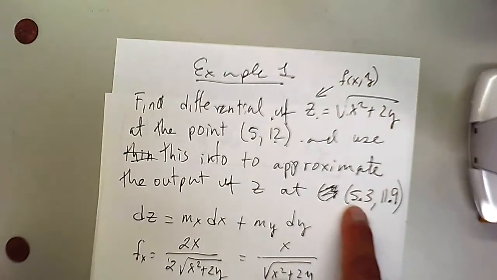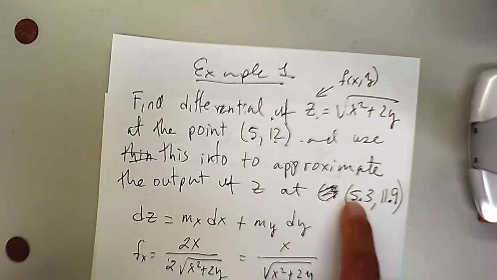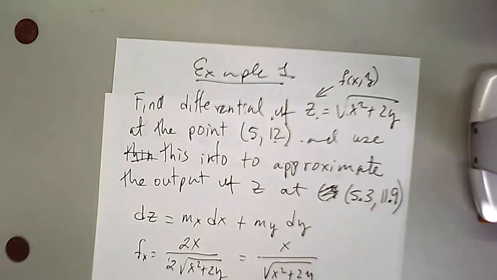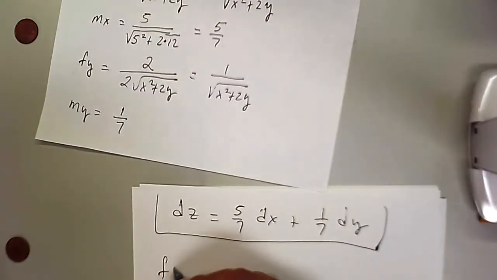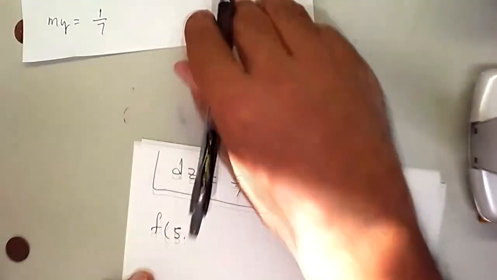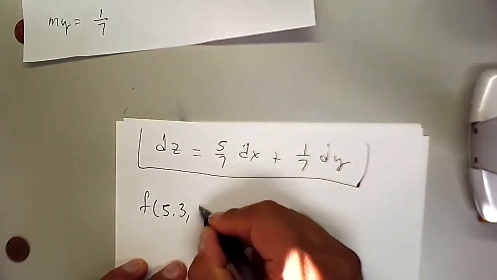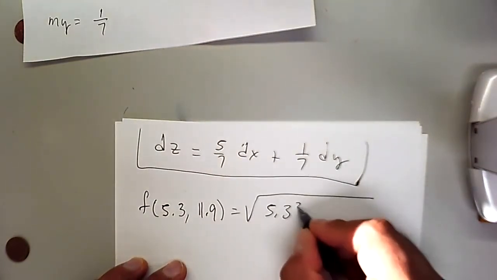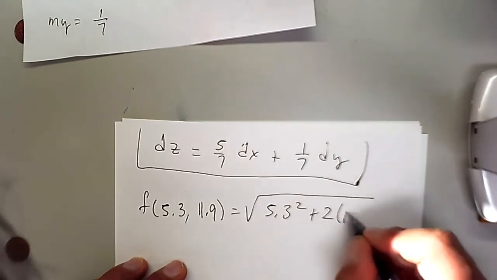And you want to find the square root of 5.3 squared plus twice that much. I'm just going to figure out very quickly: 5.3 squared equals 28.09. Okay, so f of 5.3, 11.9 is equal to the square root of 5.3 squared plus 2 times 11.9.